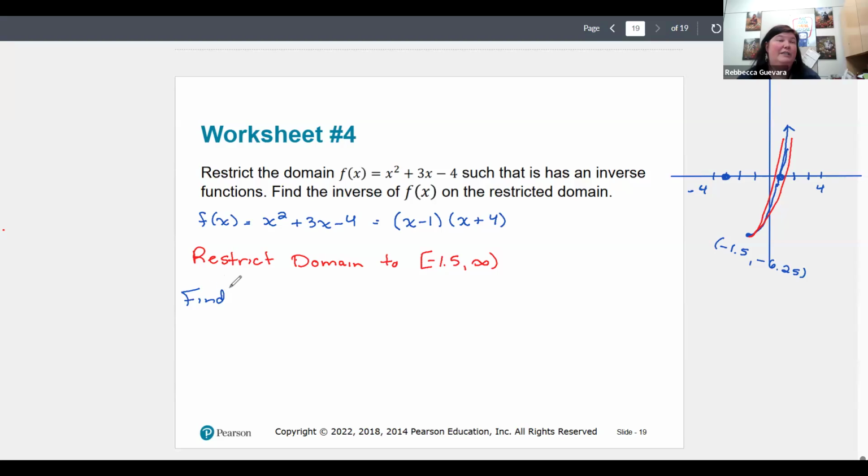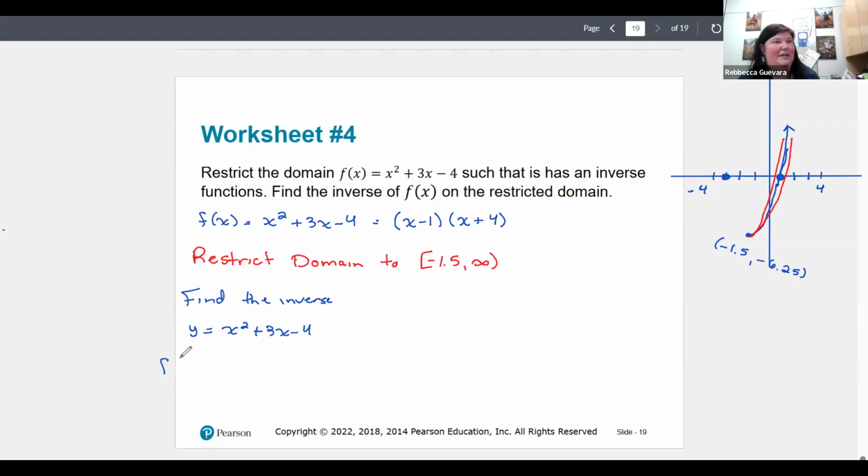Now we're going to find the inverse, because now that I cut off half of my function, this half has an inverse. So we're going to have y equals x squared plus 3x minus 4. This is one I gave you earlier.